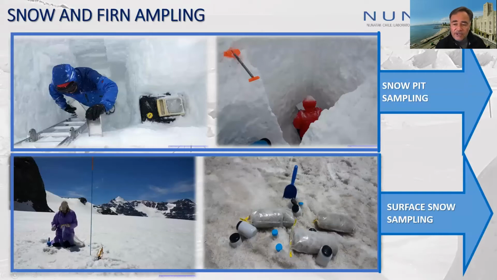In the following slide, you can see the basic and standardized instruments that are installed in the NUNATAK and the snow and firn sampling system that we use for snow pit sampling and surface sampling of snow.